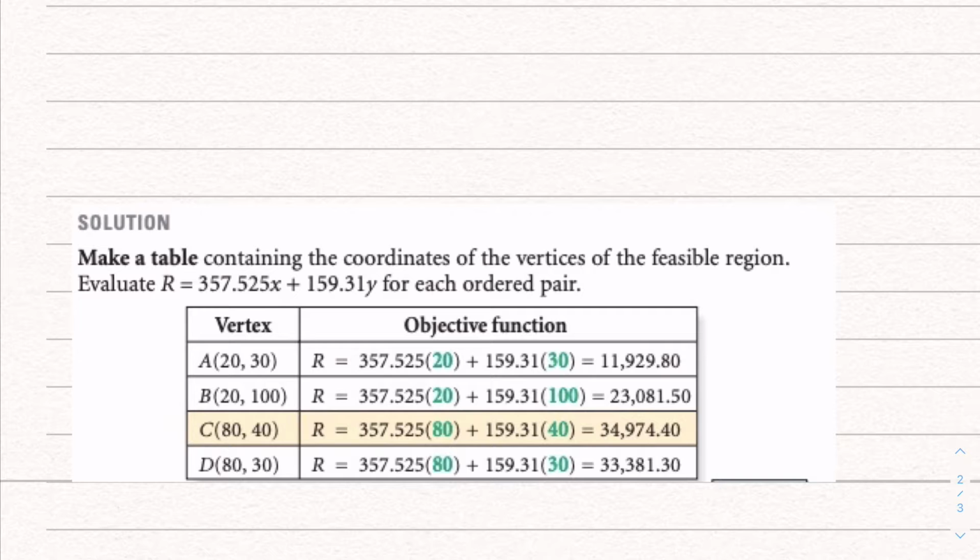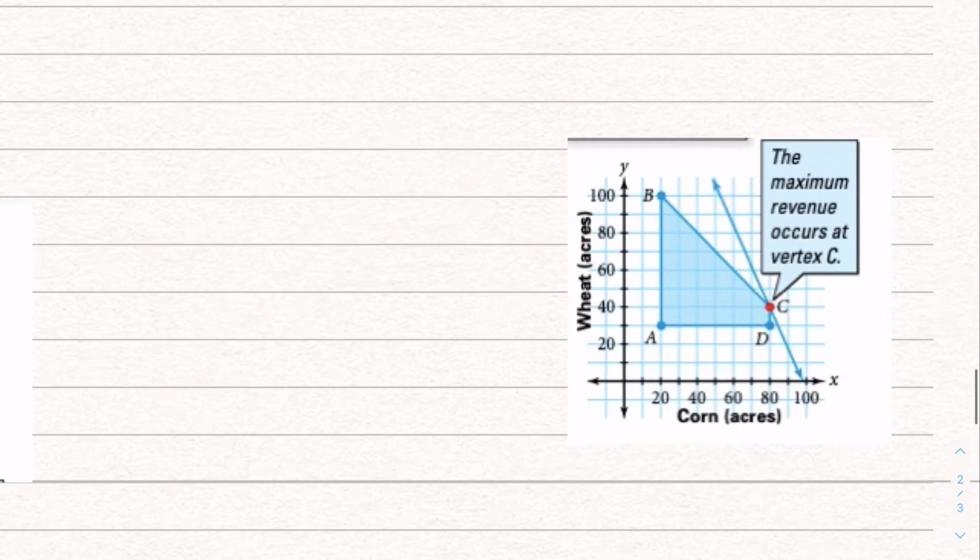And for the graph, you can see that the maximum revenue occurs at vertex C. The maximum value of 34,974.4 occurs at C, which is right here. Thus, Mr. Desmond should plant 80 acres of corn and 40 acres of wheat.